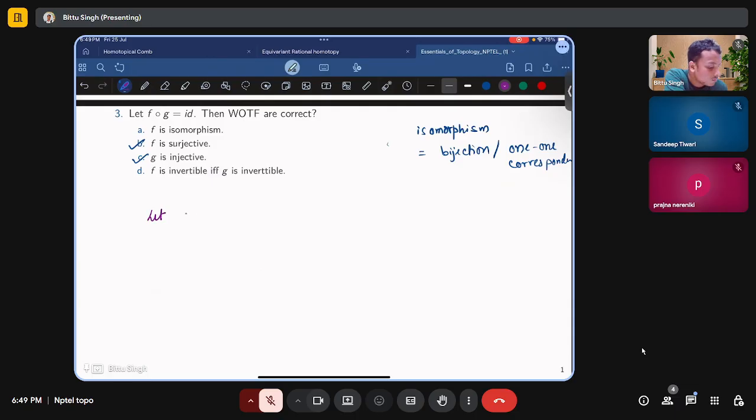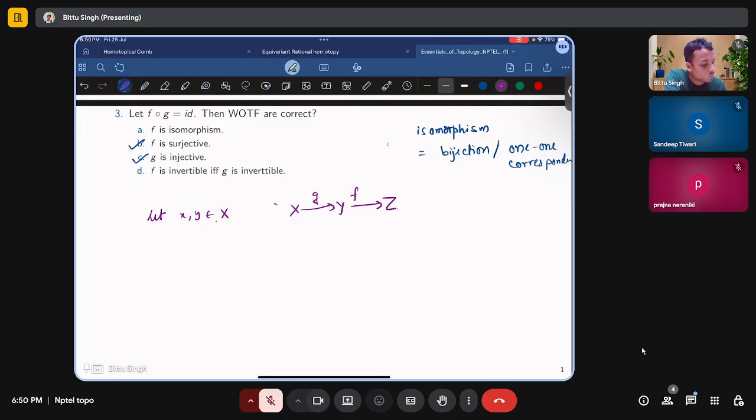We need to prove g is injective. So x, y belong to X, and we are assuming those. So f is a map from Y to Z, and g is a map from X to Y. Sorry, it is opposite. First g, then f.